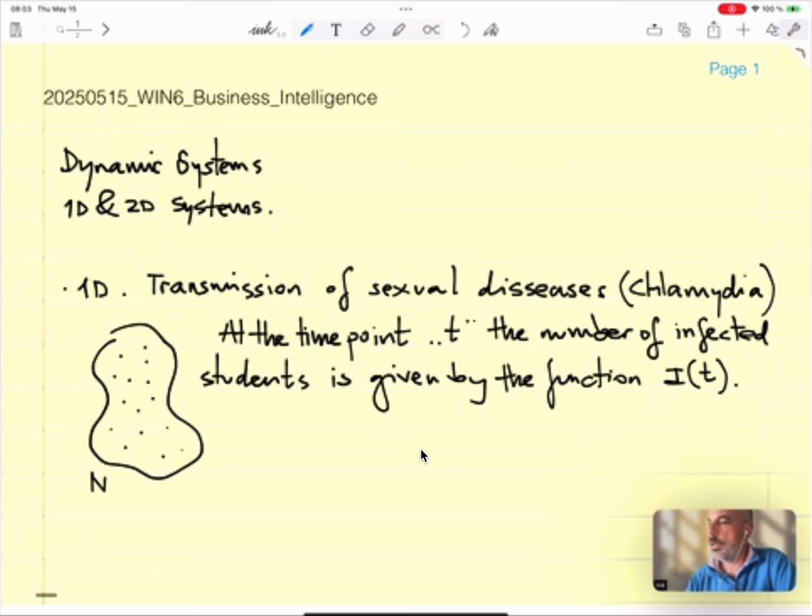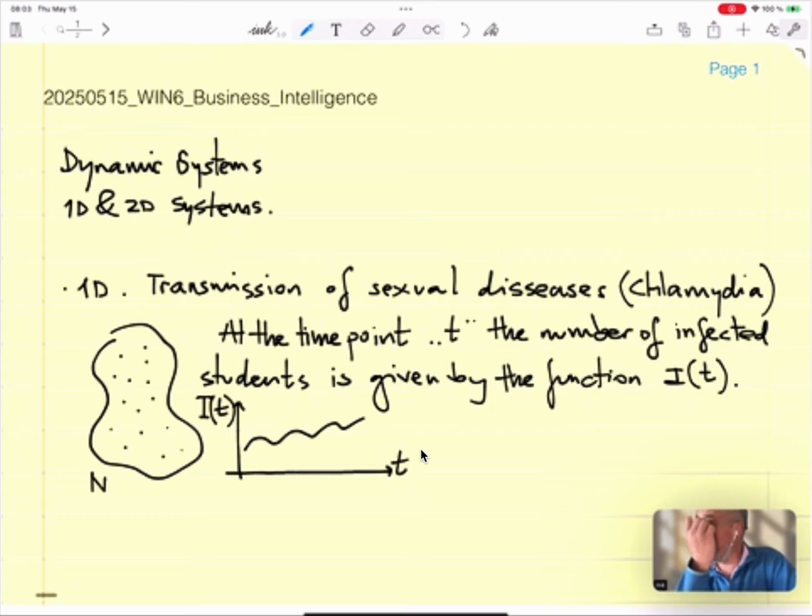So we can describe a function I big of t as a function of t, so the number of infected students, okay?